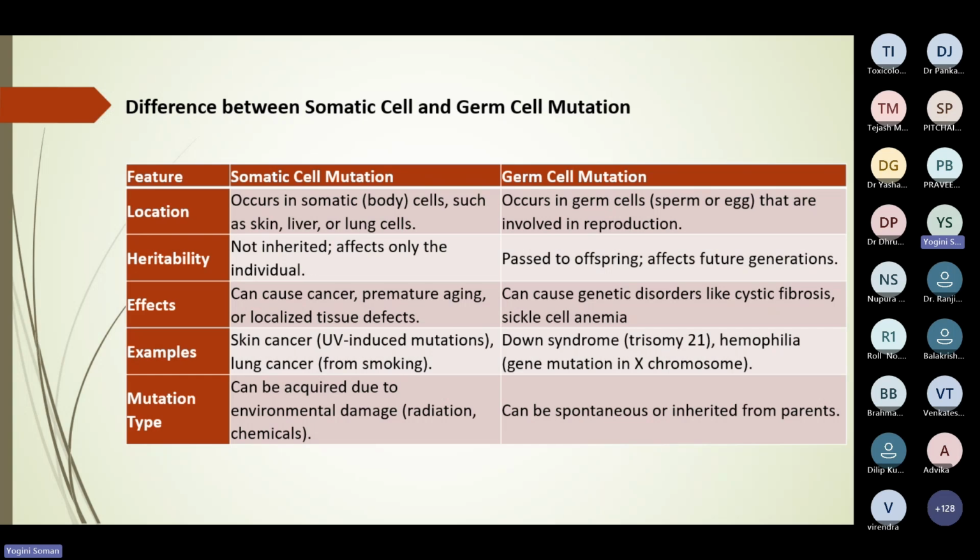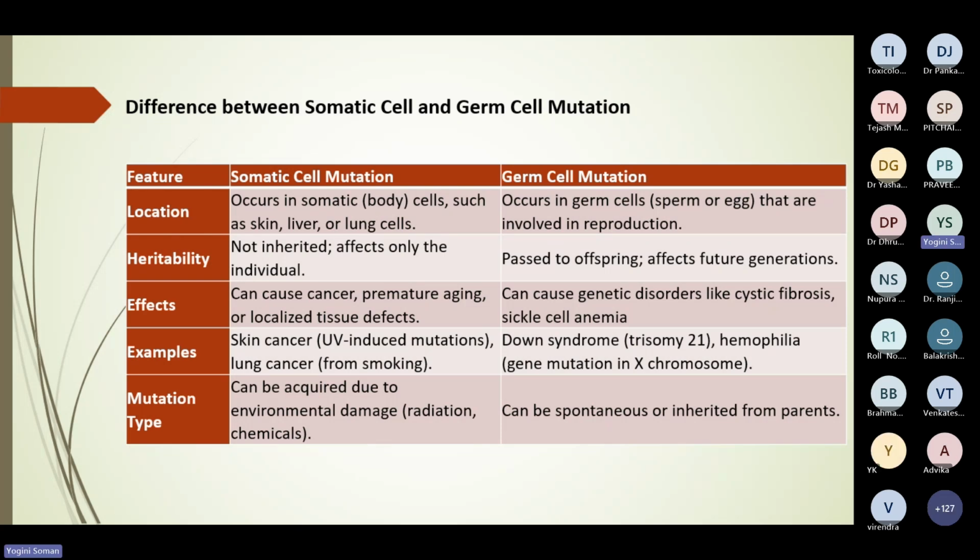Somatic cell mutation is not inherited, and it affects only the individual, but germ cell mutation passes to the offspring and it affects the future generations.